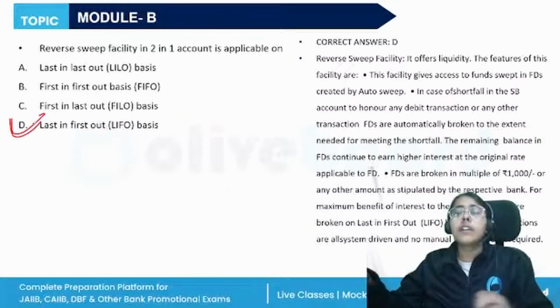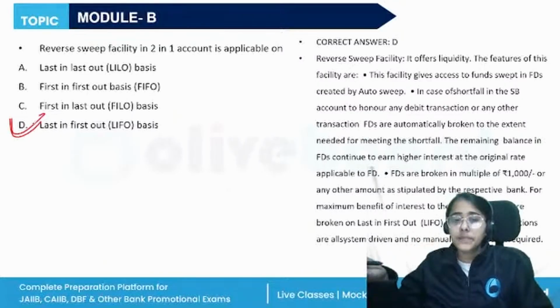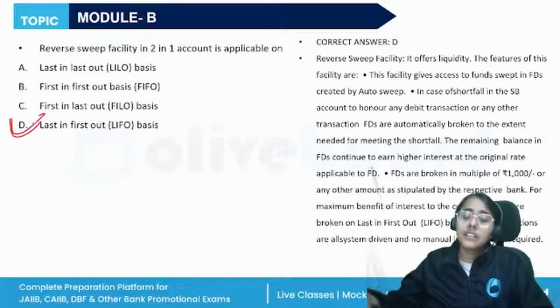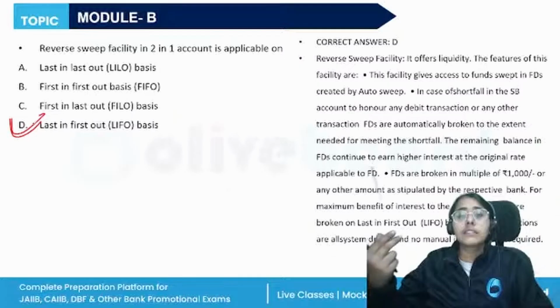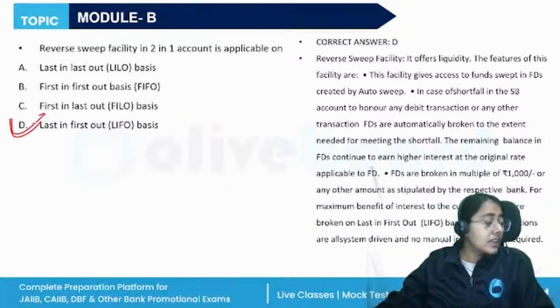So two in one account is a combination of the savings bank and the fixed deposit, right? If there is any deficiency in the savings account and the customer has to pay any bills or make a payment, they can use the excess amount which is kept in the FD. Or if there is excess amount in the savings account, then it can be transferred to the fixed deposit, and the balance transferred will earn the higher interest as applicable on the fixed deposit.